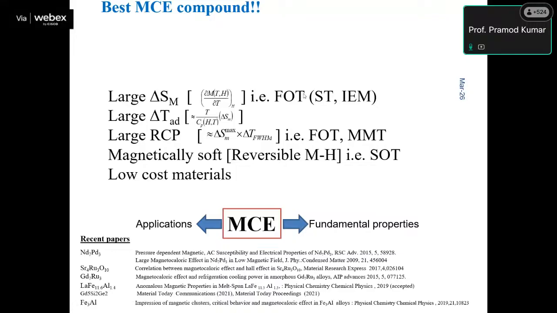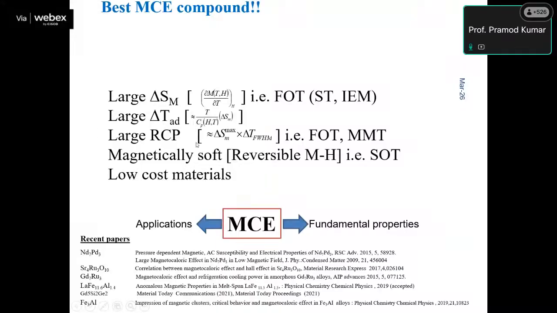Second, a large change in the adiabatic temperature. Delta T adiabatic is proportional to T divided by Cp and multiplied by delta Sm. So if any material has a very large number of atoms, again it's going to affect the adiabatic temperature change. So while choosing materials, you have to take care of that point also.